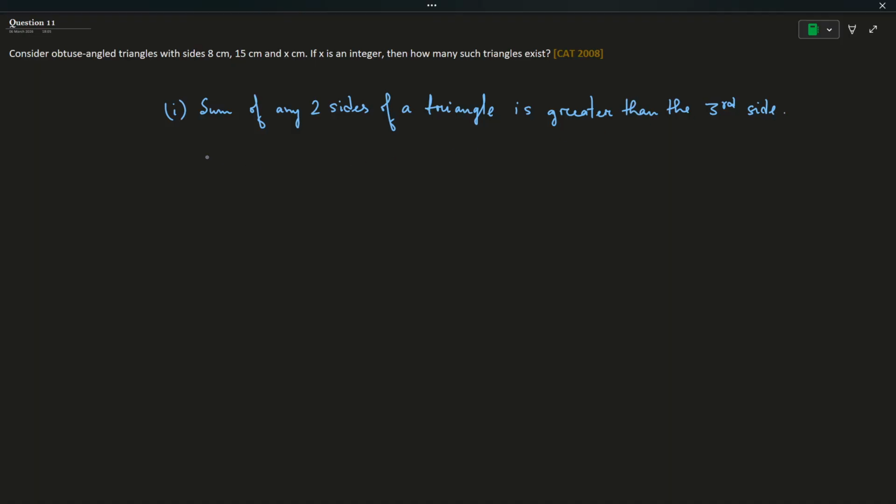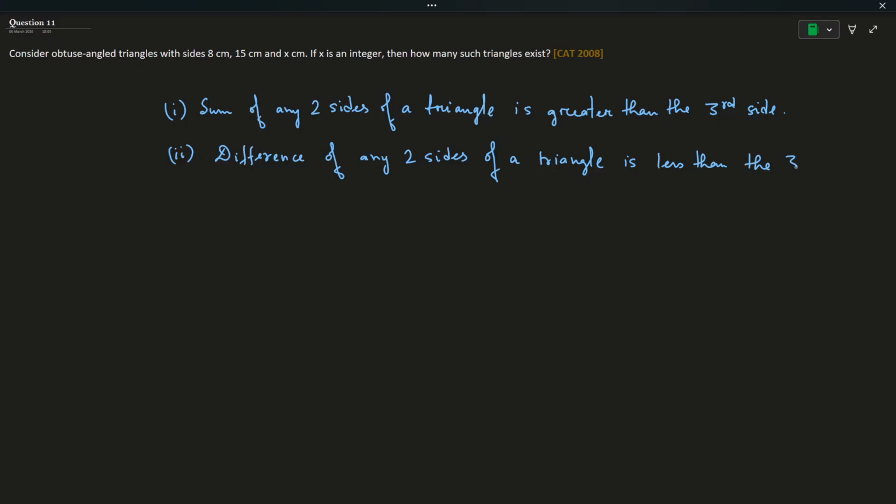And there is also a very important property which states that the difference of any two sides of a triangle is less than the third side.